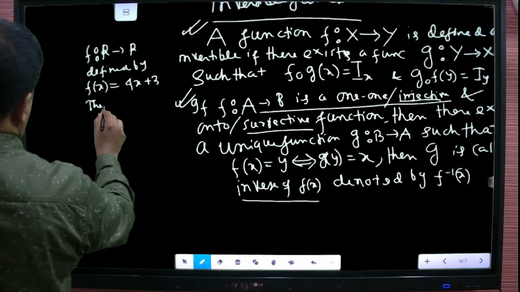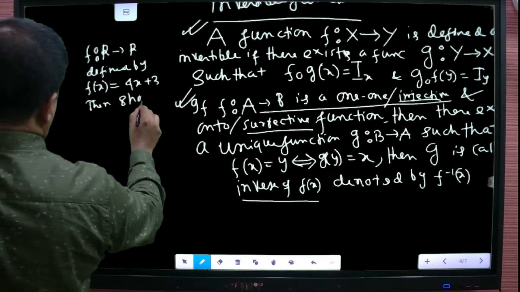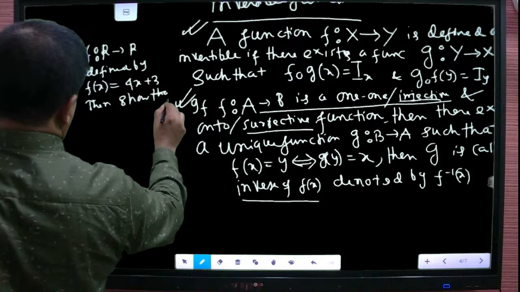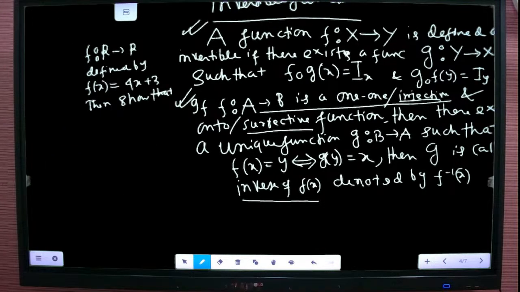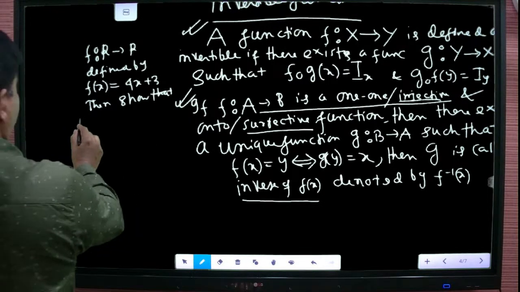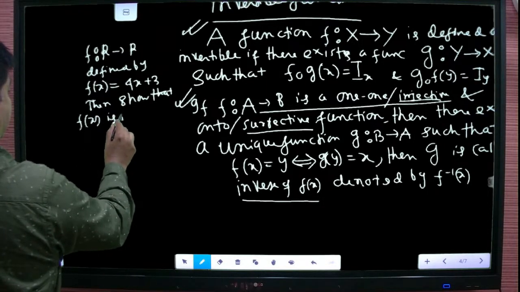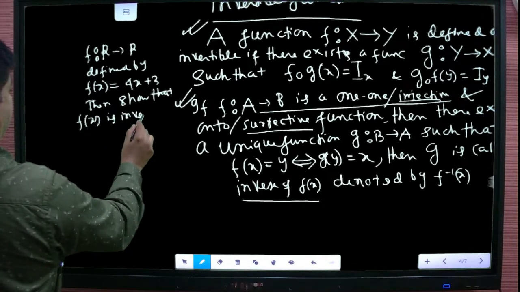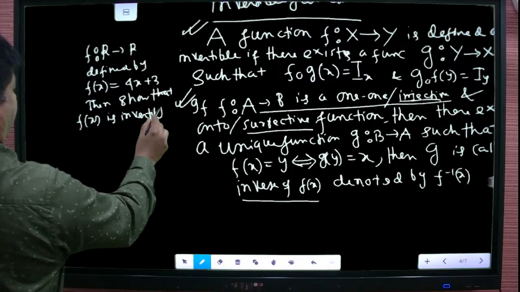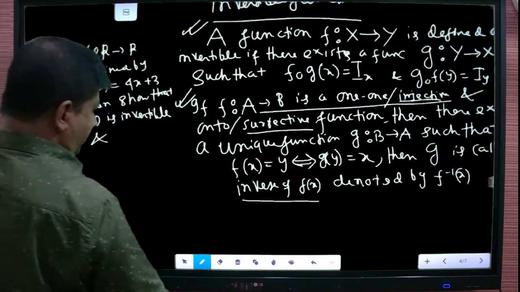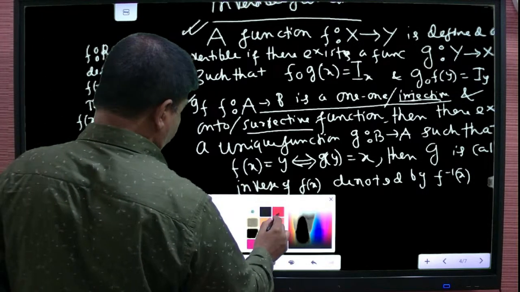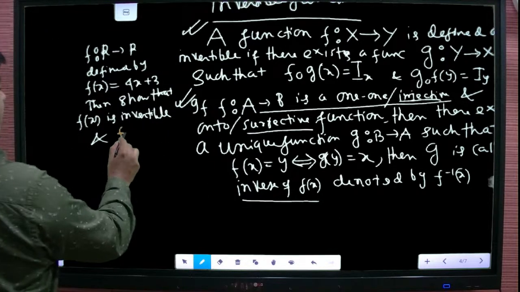Then show that f(x) is invertible and find the inverse.